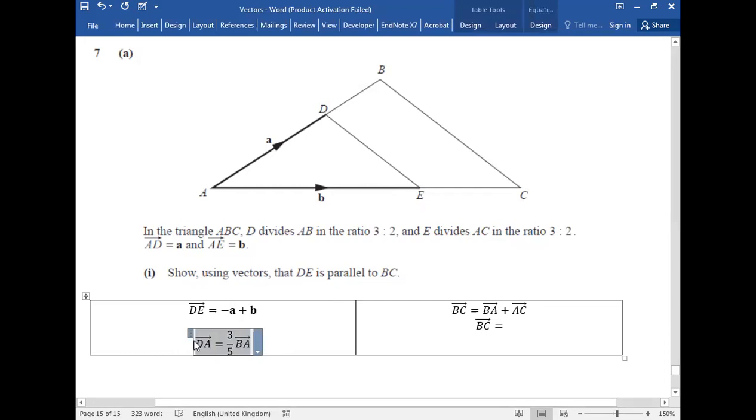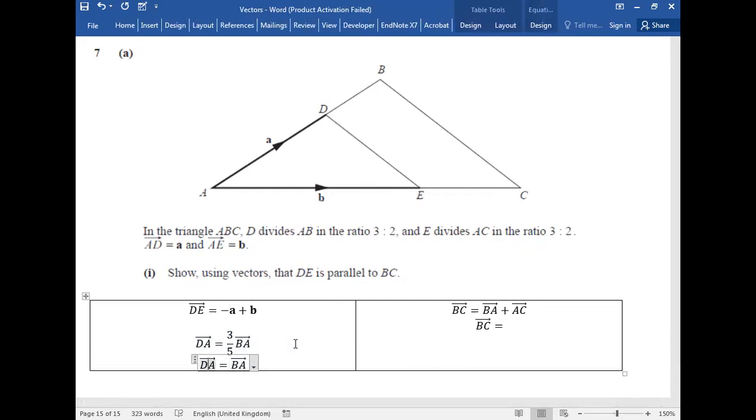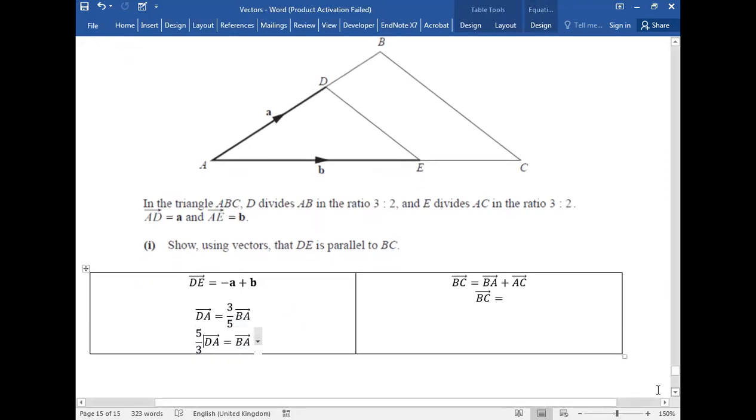If I take it on the other side, can I write it as this? Can I do this? कि वो 5/3 है of DA, तो BA की जगह I will write 5/3 of DA, और इसी तरह AC की जगह I will write 5/3 of AE.